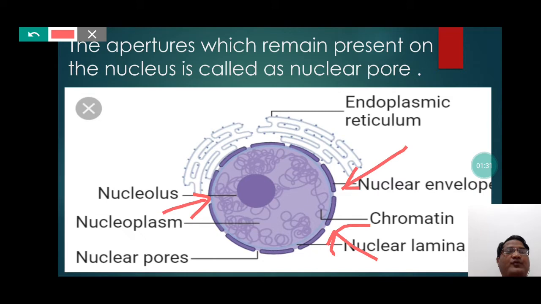Nuclear pore generally represents the aperture present on the nucleus. Here you can notice it's also written nuclear pore. So students, nuclear pores are actually the holes which remain present on the nucleus.